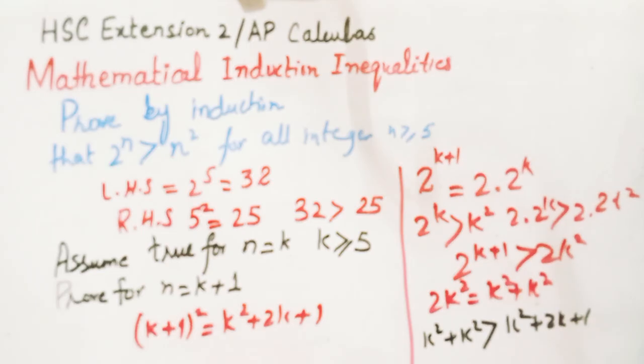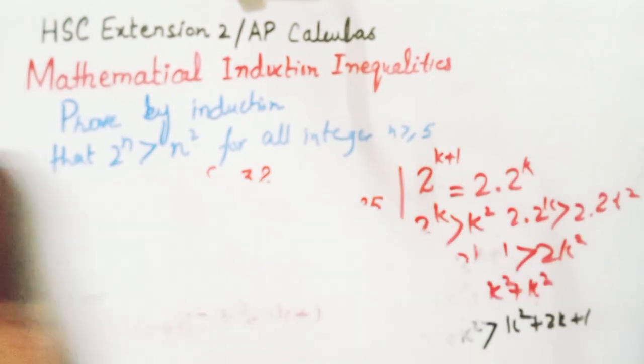If 2k square is simplified to k square plus k square, our target is k square plus 2k plus 1. Both expressions share k square. So to prove the whole, we just need to show the remaining k square is strictly greater than 2k plus 1 for all values. So how will we solve this?